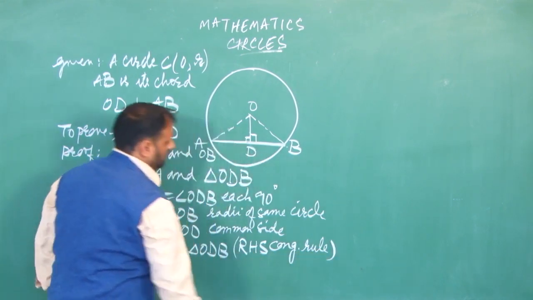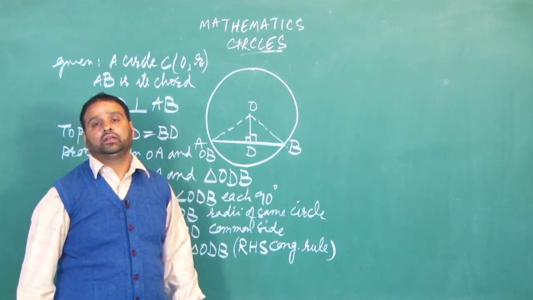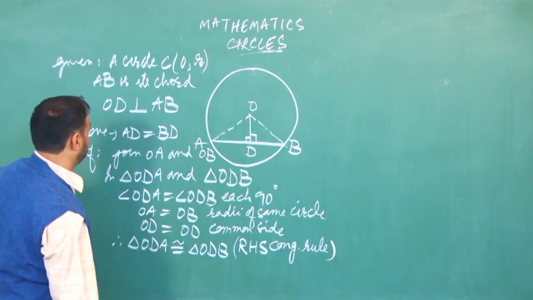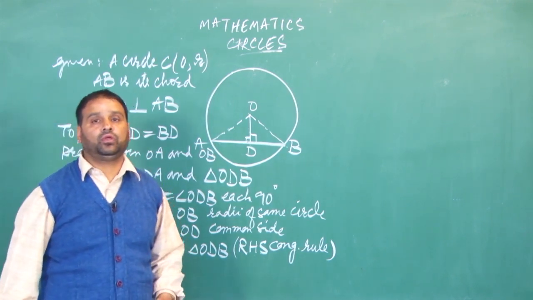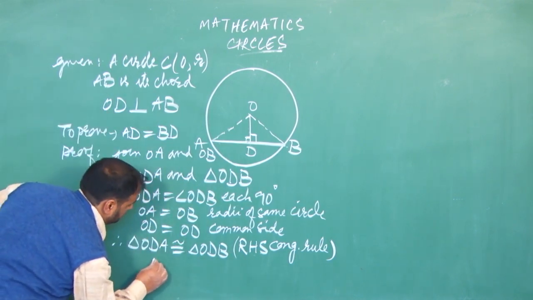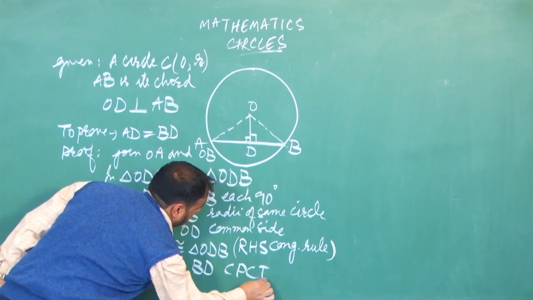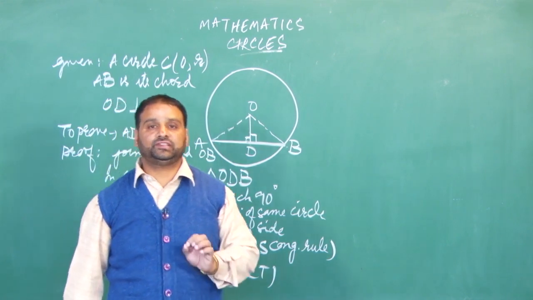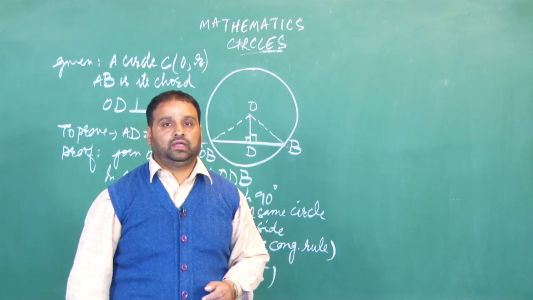By RHS, we mean if the right angle, the hypotenuse, and a side of the two triangles are equal, then the triangles are congruent by RHS rule. And when they are congruent, then any corresponding side or corresponding angle of these two triangles are equal. Corresponding sides AD and BD are equal by CPCT, and this way we proved that if a perpendicular is drawn from the center of the circle to the chord, it bisects the chord. Hence we proved that.